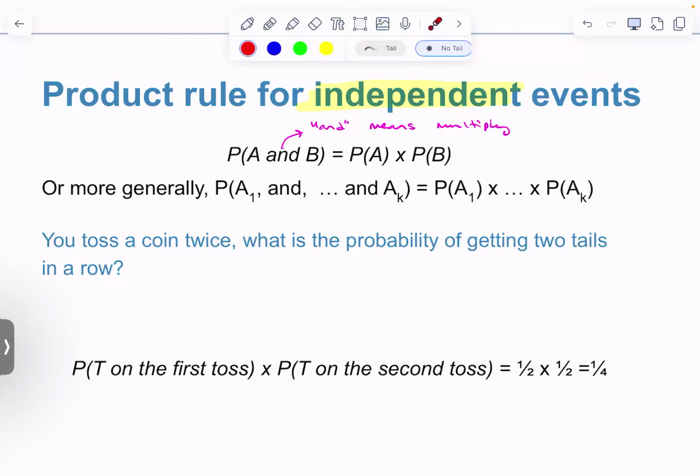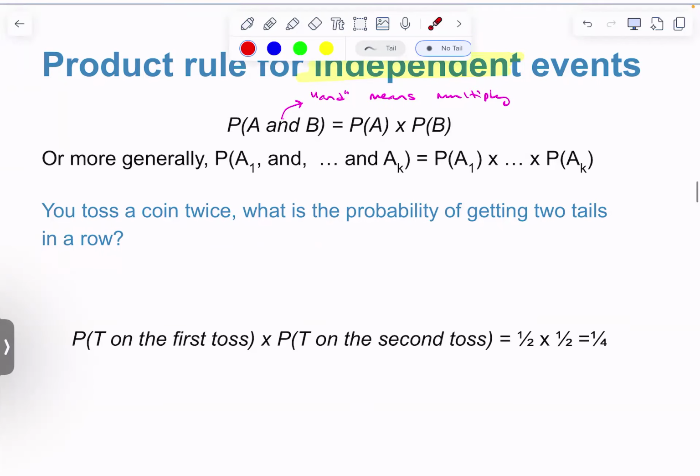And we can extend it. I can have k possible outcomes: the probability of A1 and A2 and A3 and A4 all the way up to AK. For example, the probability of heads and heads and heads all the way up to the 11th head.